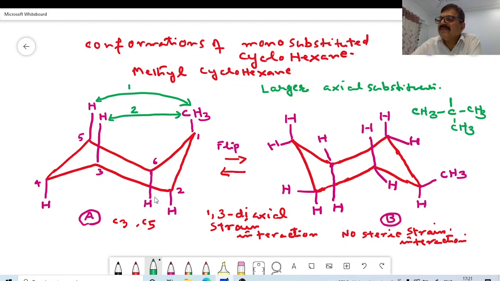What are the steric interactions in the case of 1,4? Now we have seen the monosubstituted case.